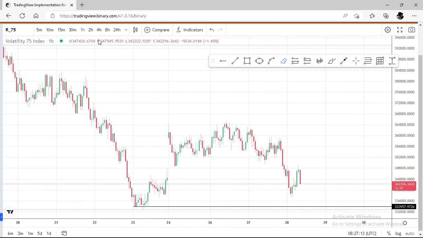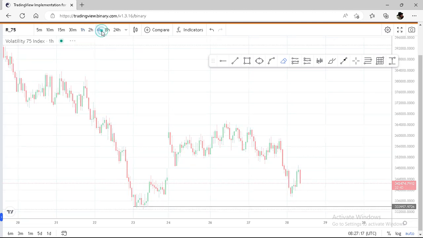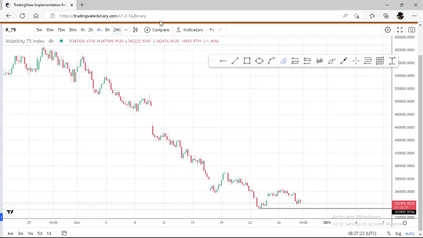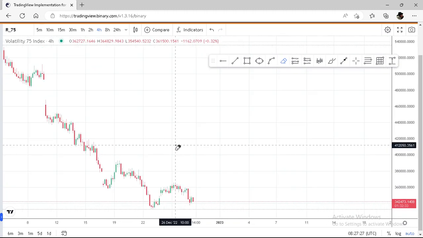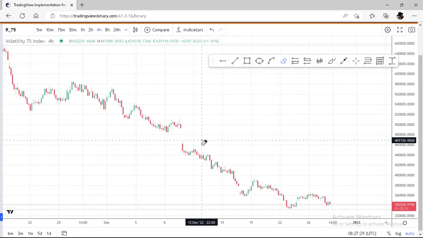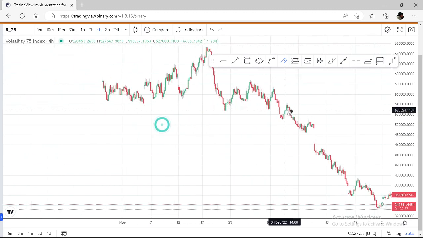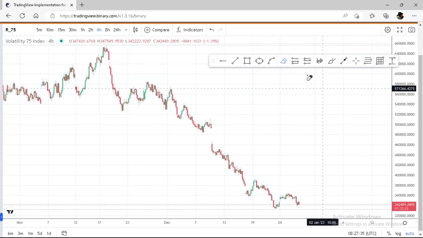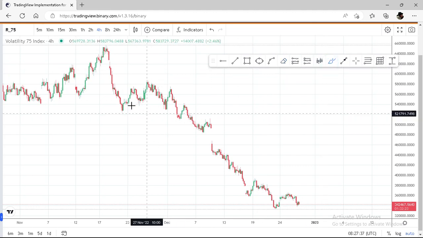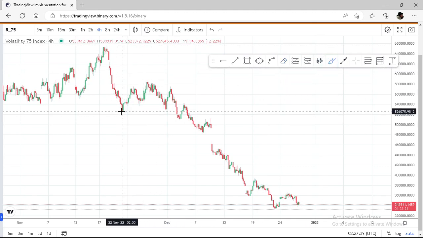If you're a scalper, first of all, especially when you're trading volatility 75, you have to know what's going on in bigger time frames, like the 4-hour time frame. As you can see, the market structure is bearish. How do you see that? It's very simple.